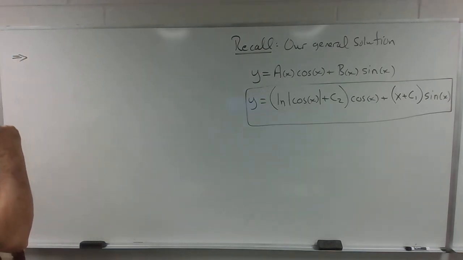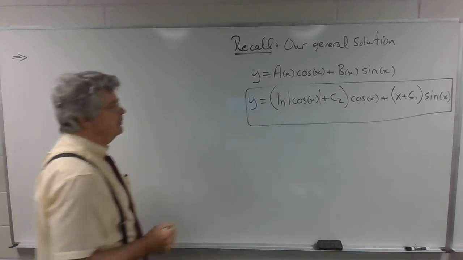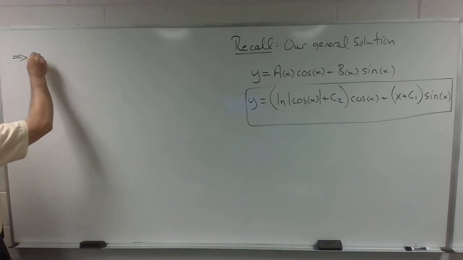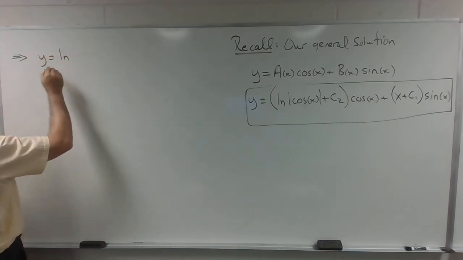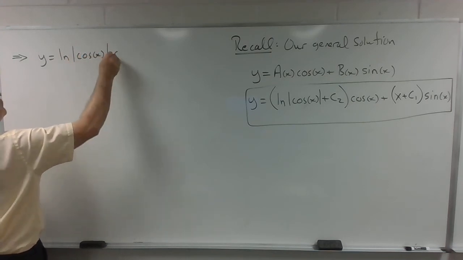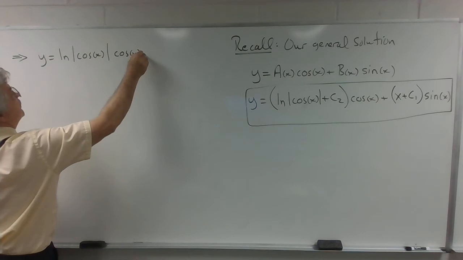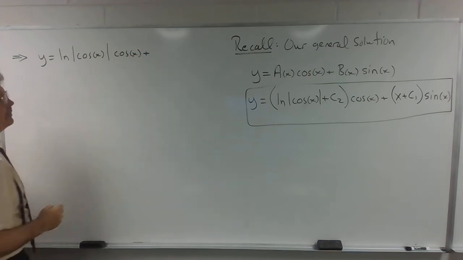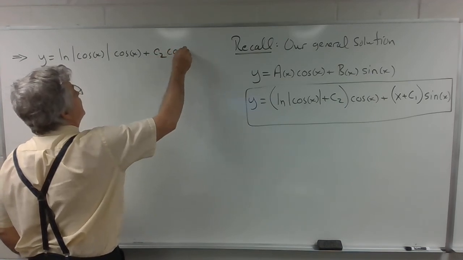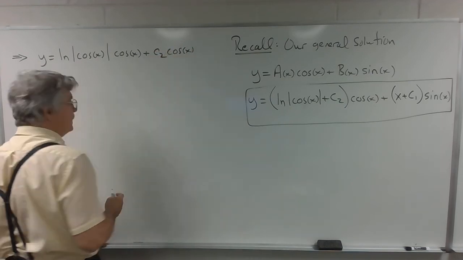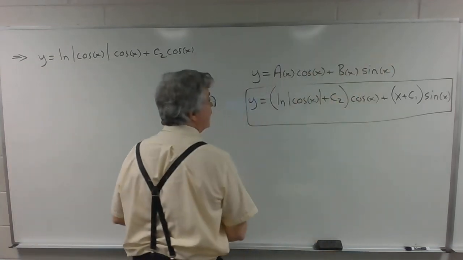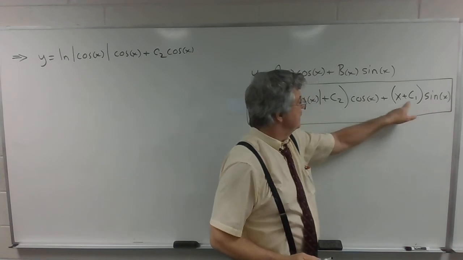Okay. I'll distribute the cosine to both terms here: natural log cosine of x times cosine of x plus c2 cosine of x, and distribute the sine here.